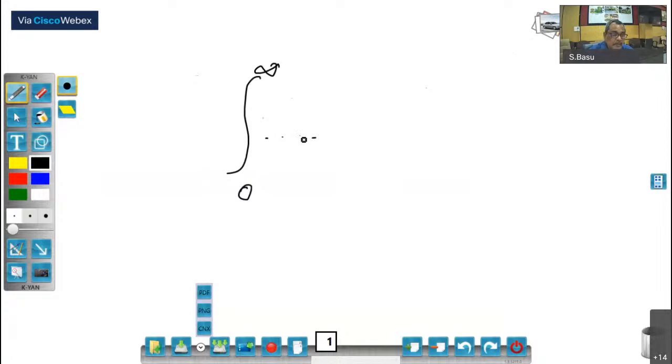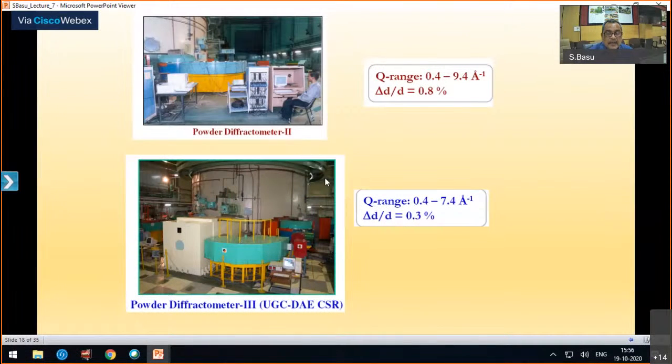So that means when I do my experiments, I should have a range going from 0 to infinity. We don't have it. We have got the necessary resolution inherent in the system, but we don't have the range.